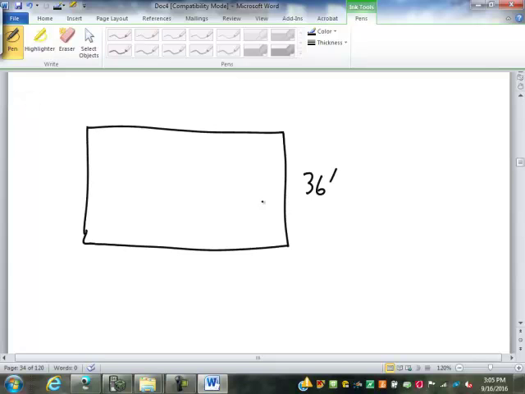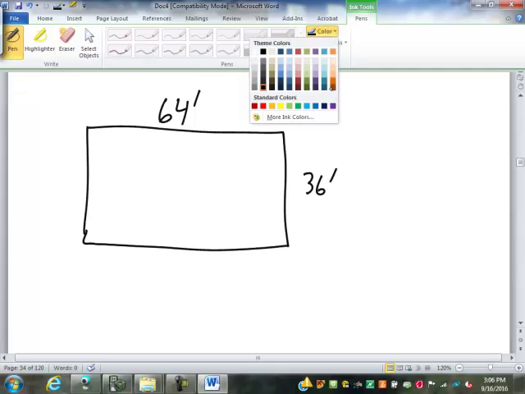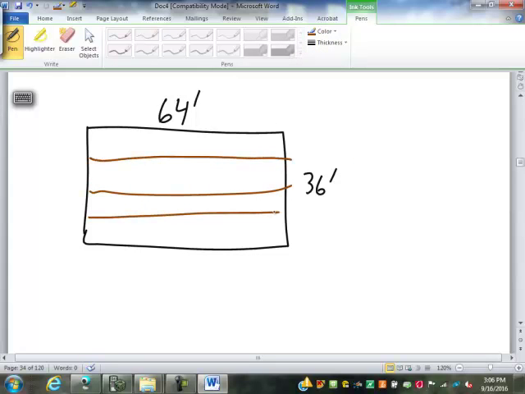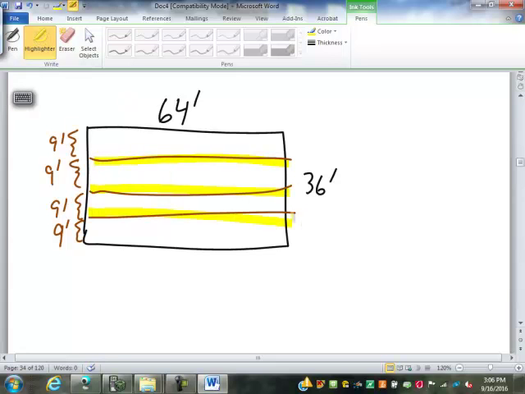I'm pretty sure it was 48 on the quiz, but let's say that's 36 feet there, and this is 64 feet. And we are going to space beams or girders across here 9 feet apart. We want to know how many linear feet of beam we need to complete that building.